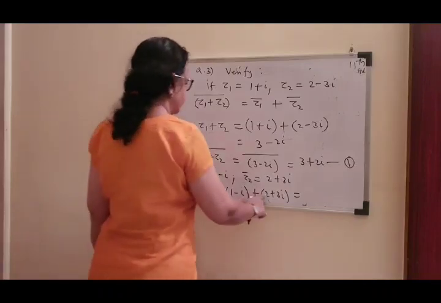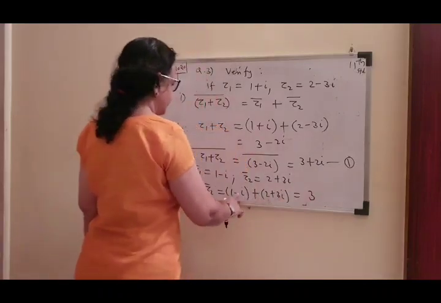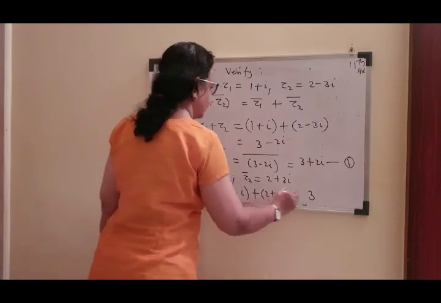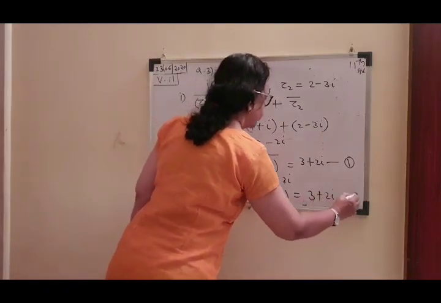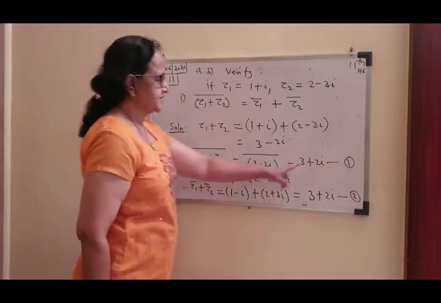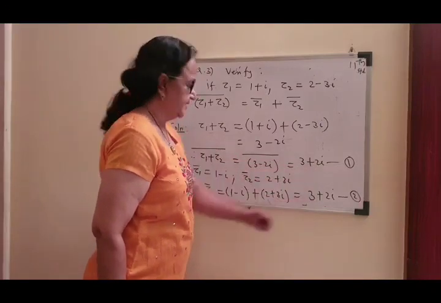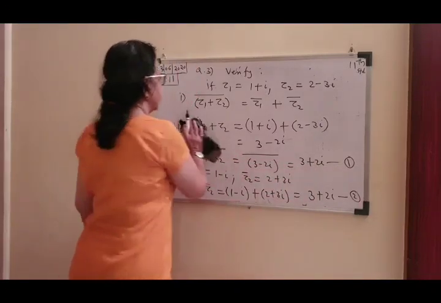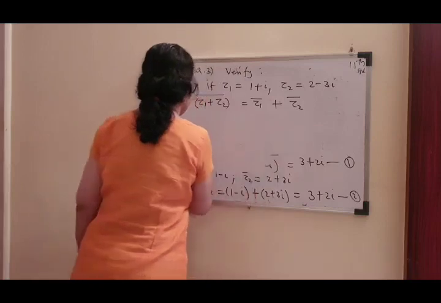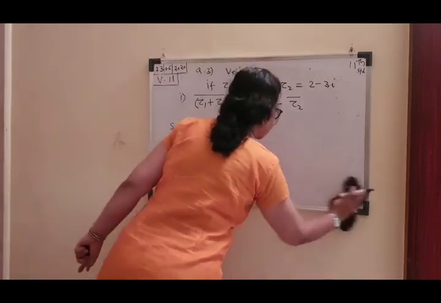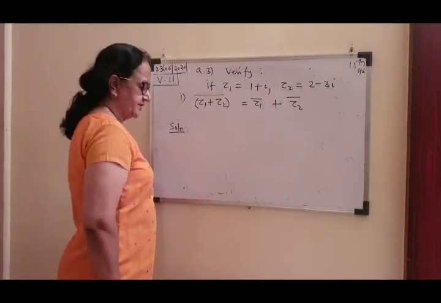Now when you add 1 plus 2, it will be 3, and minus i plus 3i, so plus 2i. RHS, are they equal? Yes. So you proved the result. Therefore, Z1 plus Z2 whole bar is equal to Z1 bar plus Z2 bar.